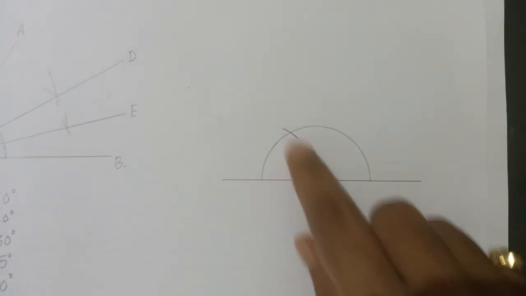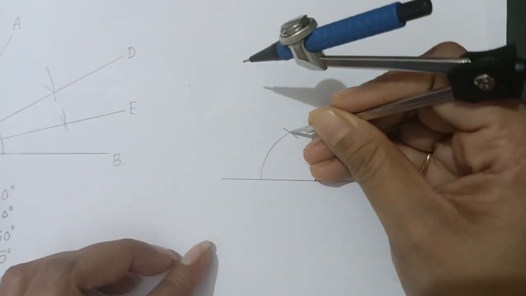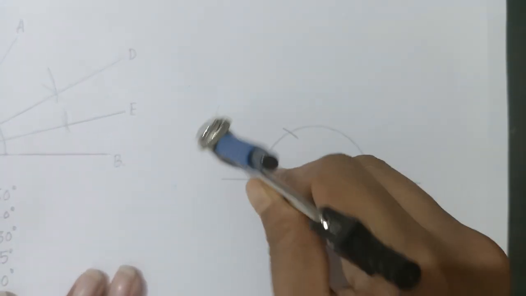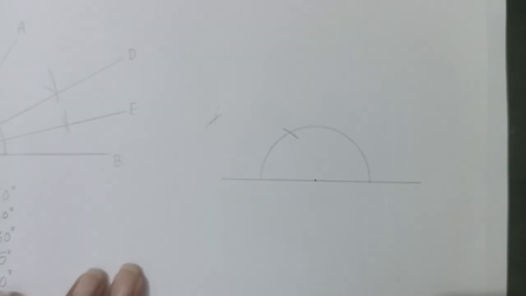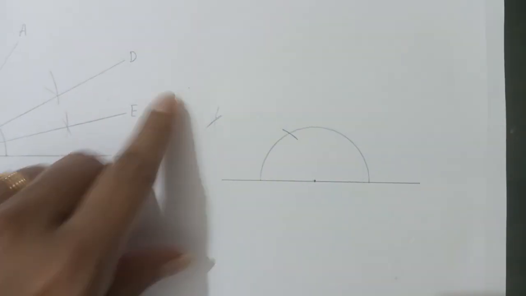Okay, now from this point you have to bisect. From this angle and this angle we have to bisect. From this point make an arc, and from this side also make an arc. So this line was 60, so this much will be 30.